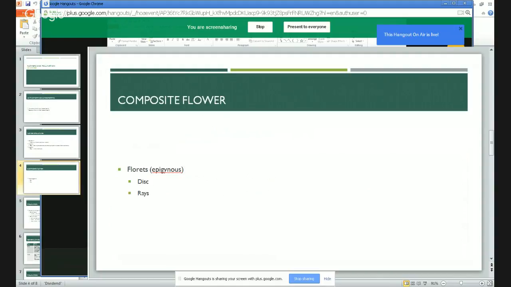It's going to have a lot. I think I've written up there, the members of the sunflower family are considered to be composite flowers. They're the most well-known composite flowers, and I'm sure you've seen sunflowers.